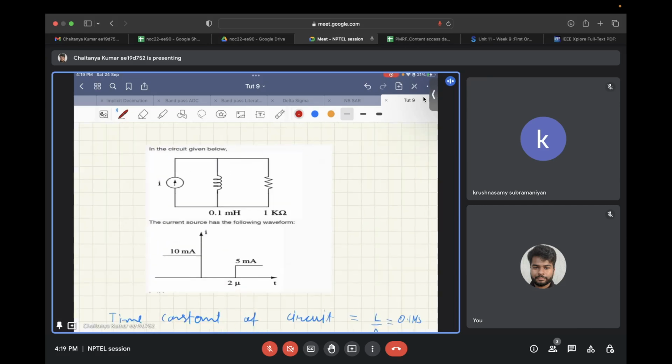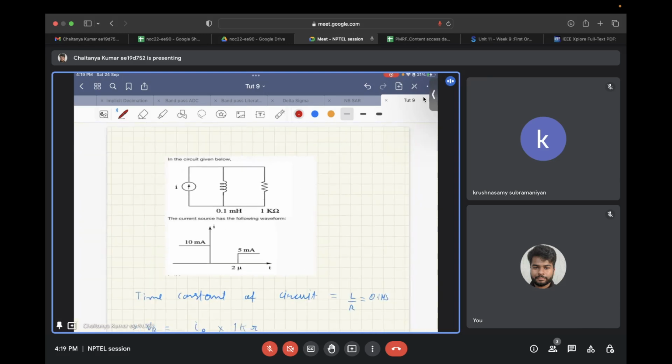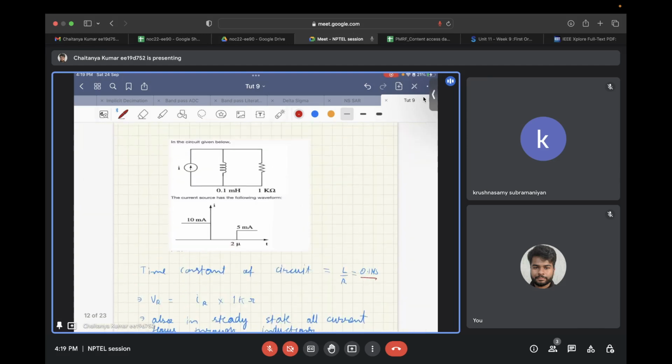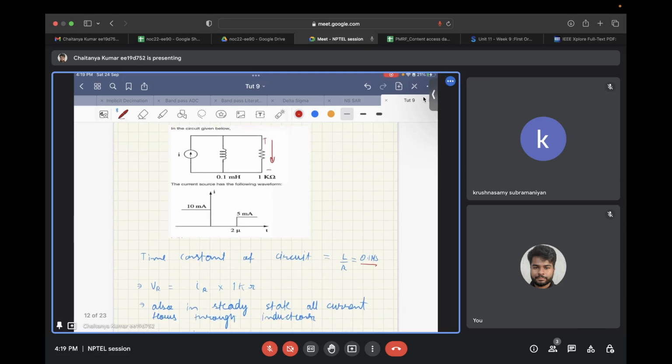Now, in this question, the time constant is again L by R, that comes out to be 0.1 microseconds, and again the voltage across this resistor will be the current across this resistor multiplied by the value of this resistance. Also, we need to know that in steady state, since this inductor will be a short circuit, all the current will flow through this inductor.